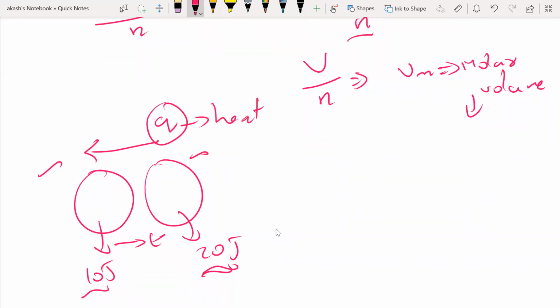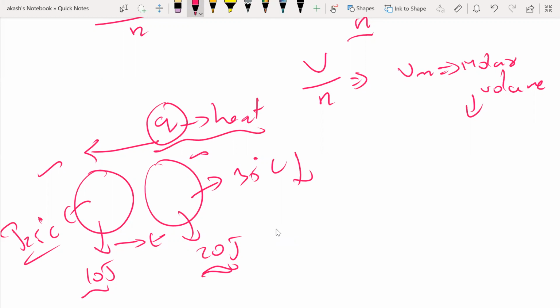So when I keep them in contact, heat is going to flow from the hotter body to the colder body. Initially, say this was at 35 degrees Celsius and this was at 25 degrees Celsius, just random values before keeping them in contact. Now you see that this temperature will keep on decreasing and this temperature will keep on increasing.